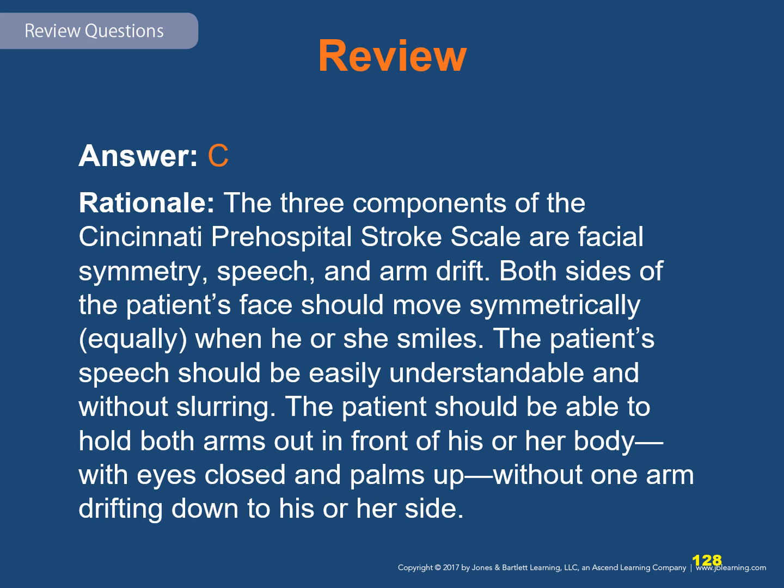Both sides of the patient's face should move symmetrically or equally when he or she smiles. The patient's speech should be easily understandable and without slurring. The patient should be able to hold both arms out in front of his or her body with eyes closed and palms up without one arm drifting down to his or her side. Let's look at the other possibilities.